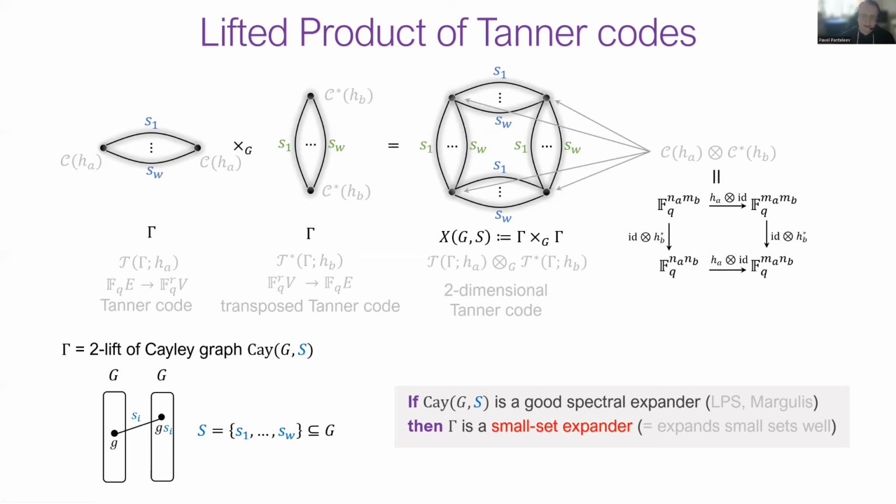And for our construction to work, we need a pair of local codes with a special property that we call product expansion, which is in fact equivalent to the robustly testable property from the field of locally testable codes. And we also require that the distances of these two codes should be high.